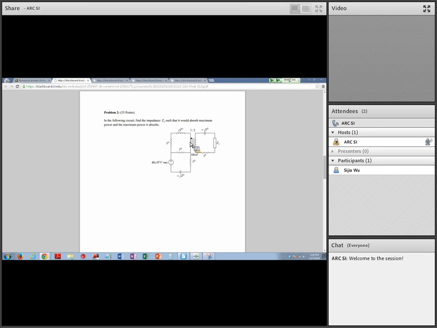what happens is you have two meshes, right? It becomes really easy to solve. If you don't flip it, switch it back, it's not going to give you the right answer. So you could use source transformation and then just move everything on the left to the right, and then that would be the correct Thevenin's equivalent.